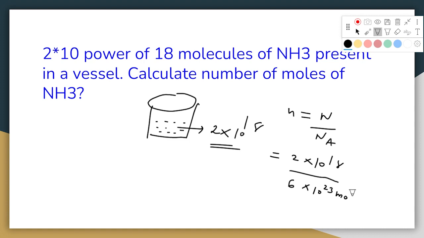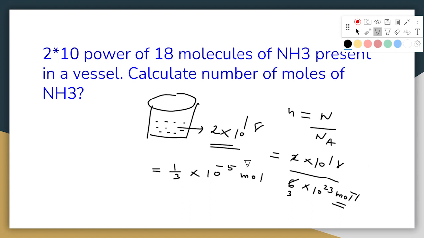If you calculate this, 2 by 6 gives 1 by 3, into 10 to the power of 18 minus 23. 1 by 10 to the power of 23 I can write as 10 to the power of minus 23, so 18 minus 23 gives 10 to the power of minus 5, with mole per mole here in the denominator.